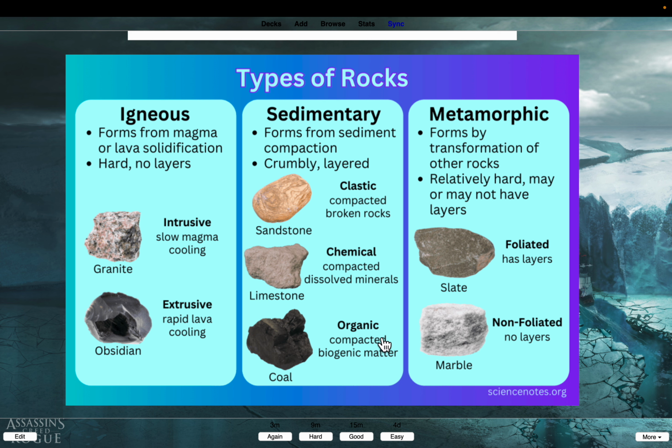Organic is a different story. This is compacted biogenic matter. One example is coal, a non-renewable energy resource. For metamorphic, we have foliated and non-foliated. For foliated types, they have layers. For non-foliated types, of course, from the word non, they have no layers.